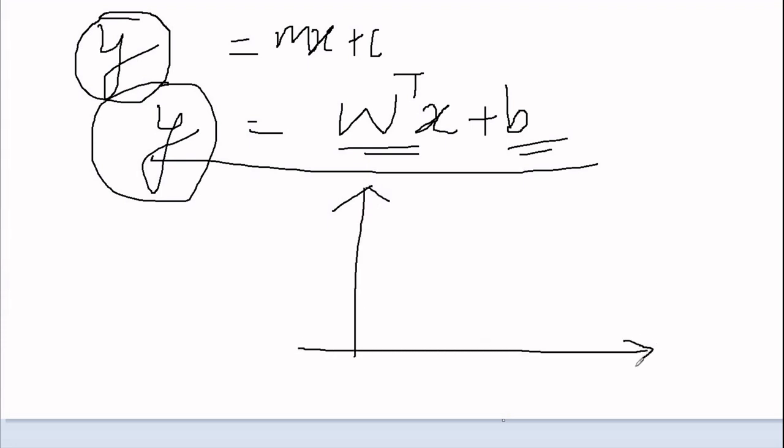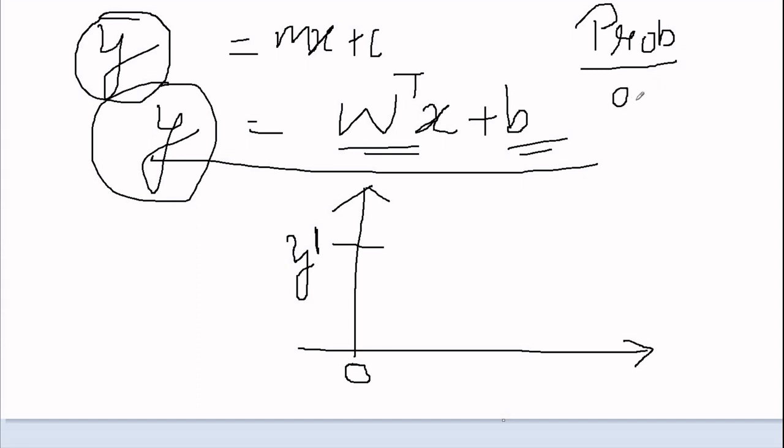Now here is the two-dimension graph. Here is the 0 and this is the y-axis, so this one will be 1. Since y is the probability value, I'm sure you know what probability means. In a nutshell, suppose the probability is 0.7, so we can scale it up to 70%.